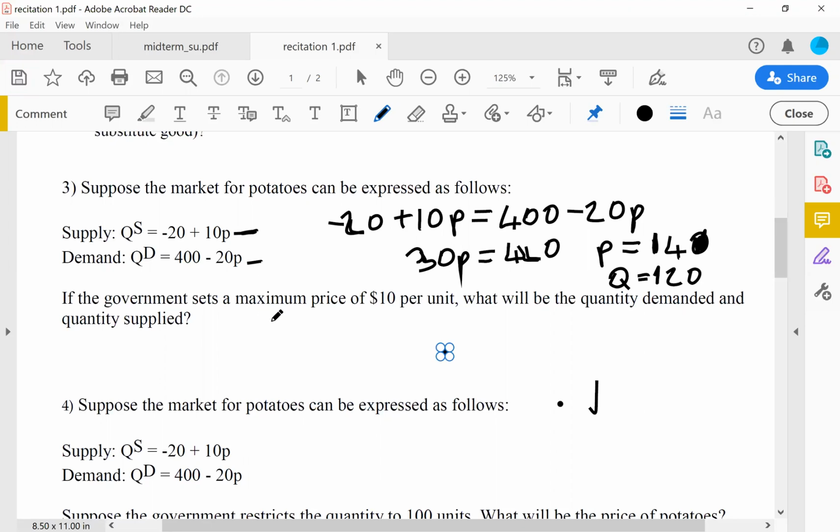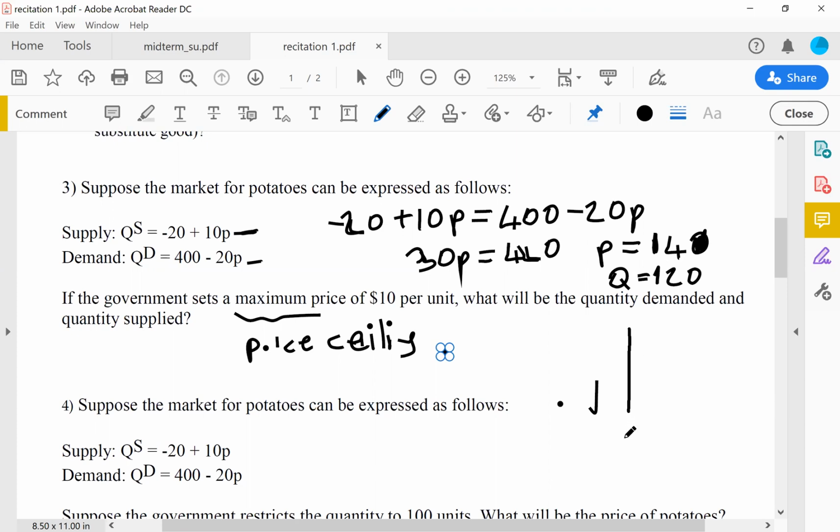Now the government sets a maximum price. So this maximum price will be a price ceiling, right? The maximum price of the good that can be charged is $10, which is less than the market equilibrium price.